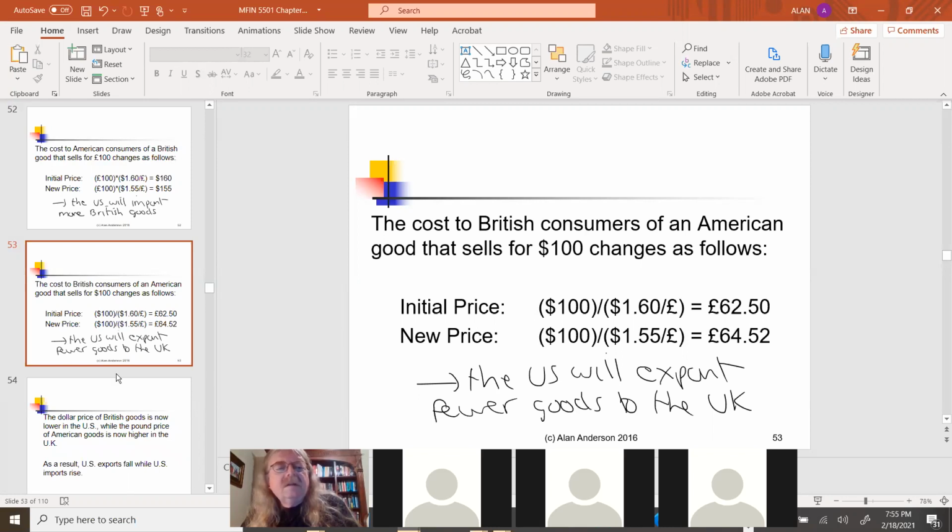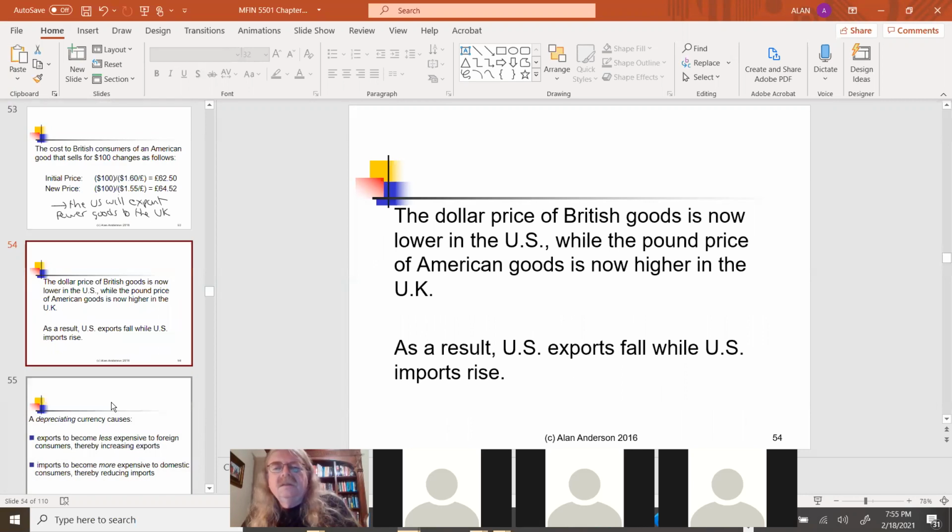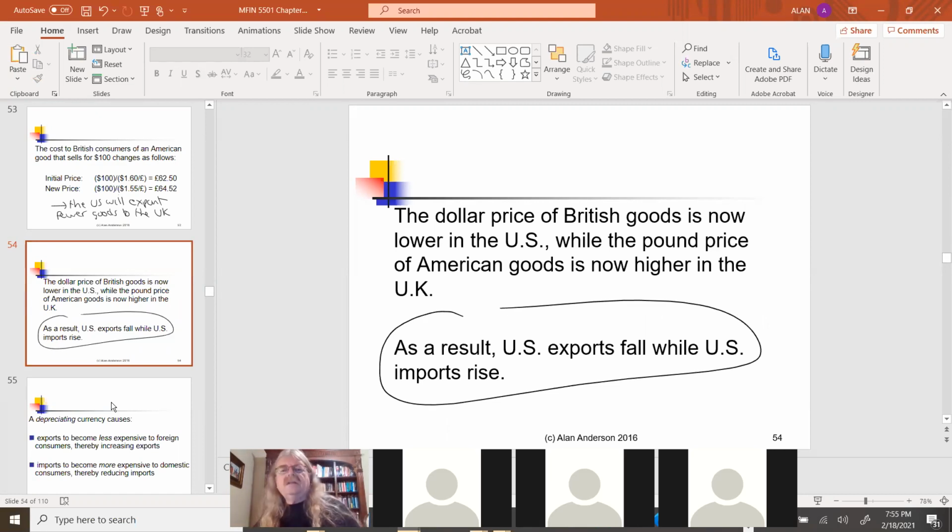Okay, so what does that mean altogether? US exports are going down. US imports are rising. So what does that tell us?